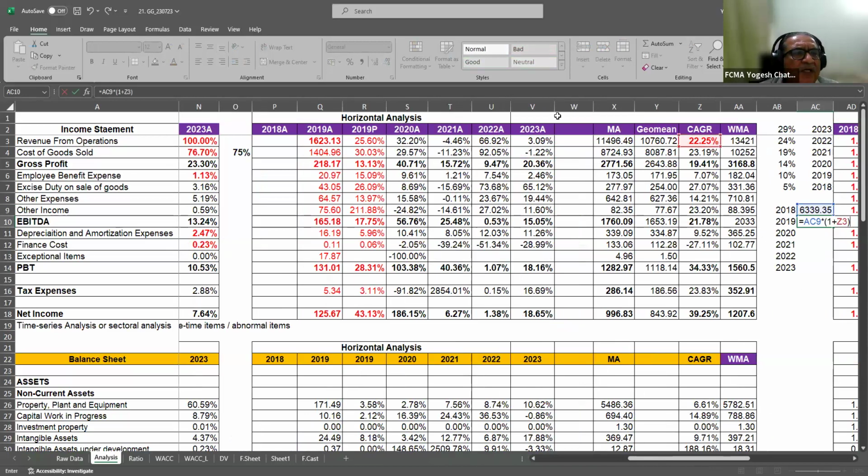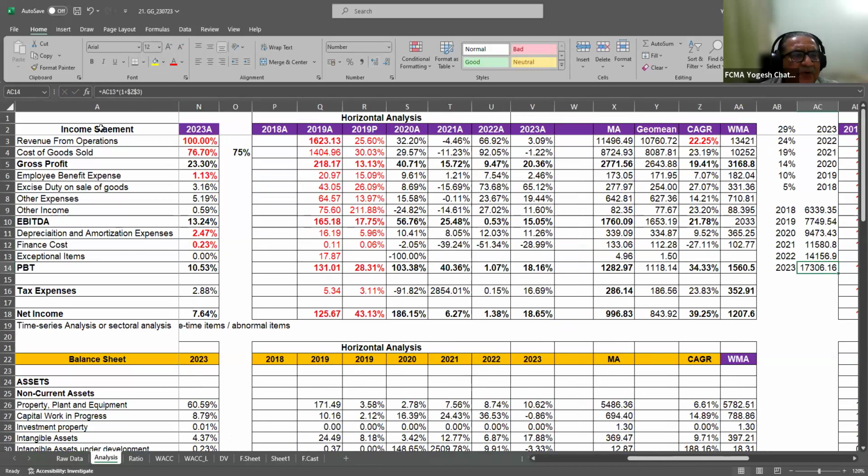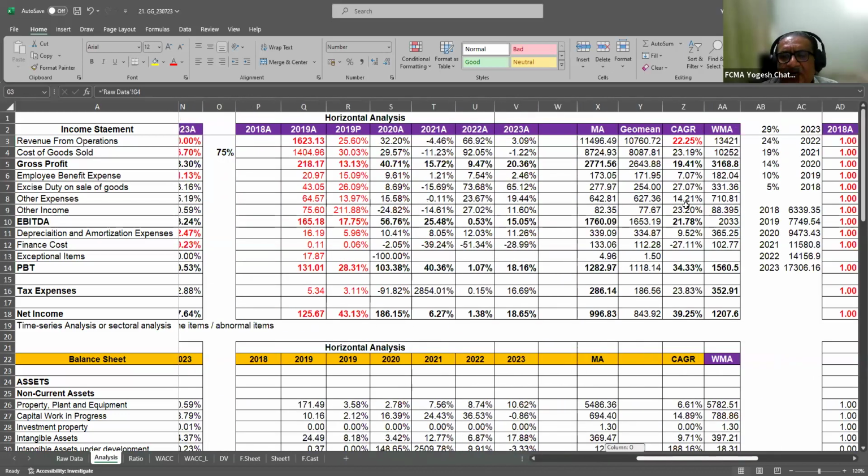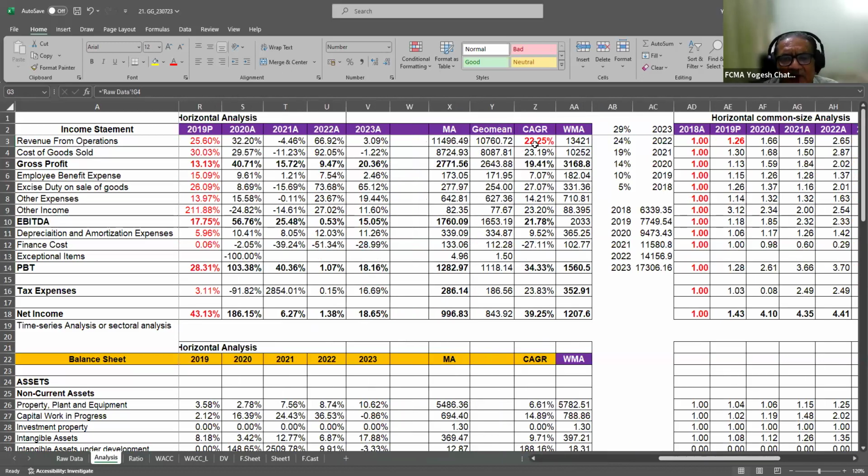And this compounded average growth rate will remain constant. So as you can see, if I take this till last, in 2023, that is 17,306.16, and that is the figure which is here, 17,306.16. So we can very well say the compounded average growth rate.